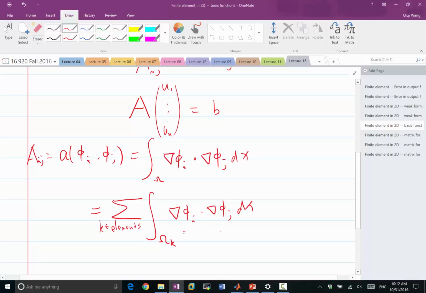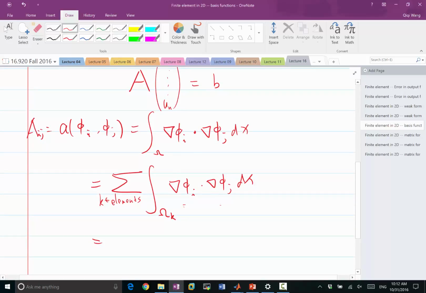So the gradient of phi_i and gradient of phi_j, they are what? Constant, right? So then I can write this as a summation over k in the elements of the gradient of phi_i in that element dot with the gradient of phi_j in that element times the area of that element k.